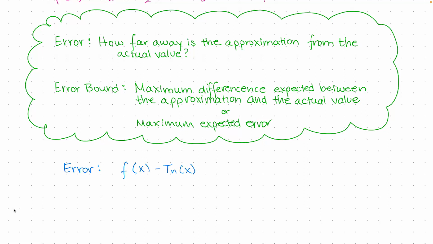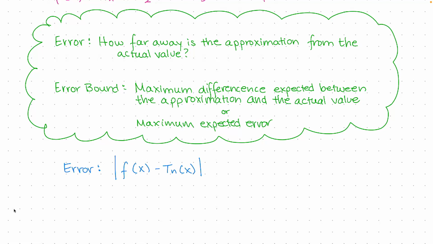But if I just leave it like this, depending if my answer is a little bit under or a little bit over, I might get a positive or a negative answer here. We don't really care about the positive or negative when we're talking about error. It's just how far away is it. So I'm going to put this in absolute value symbols. And that's error. You just subtract and drop the negative if it's there.